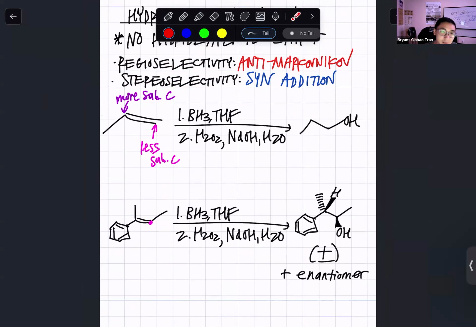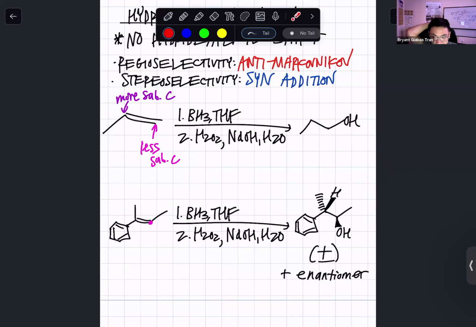Did you have a chance of looking over the mechanism for this, Wiley? The hydroboration oxidation? It's a really long mechanism. It's like 16 steps or something. With the 3 times thing, yeah, it's really weird. I know, it's super long.